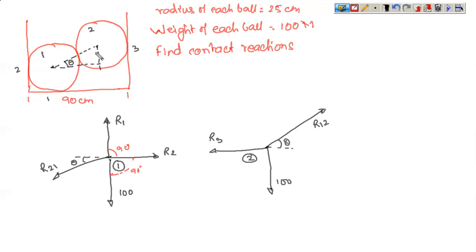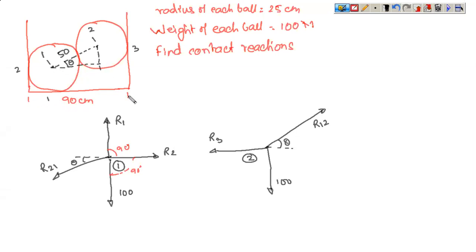How do you calculate this? The radius of each ball is 25 centimeter. So 25 centimeter means this length is 50. This is sure. Now you need to find out one of the other two lengths. So this length, how will you find out?